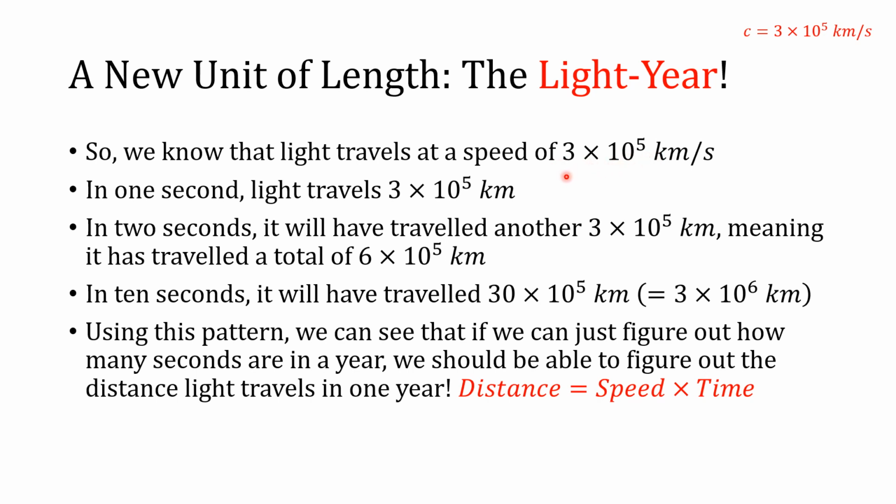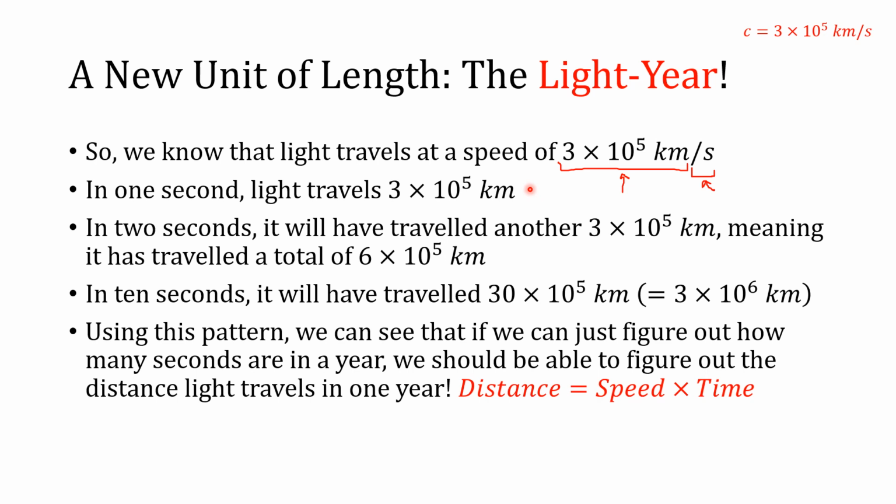So we know the speed of light is 300,000 kilometers per second. What that means is that each second light will travel this distance, right? This distance per second. Each second, that's what this part is telling us, this distance will be covered. So that means that in 1 second, light travels 300,000 kilometers.